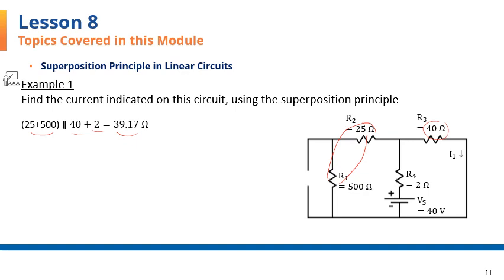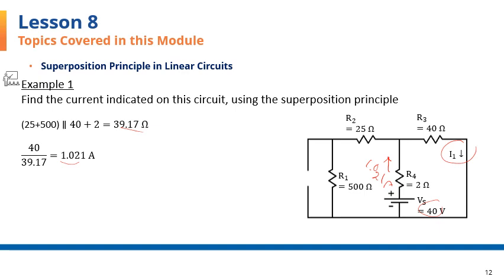The current through the 2 ohm resistor is found next with the use of Ohm's law. And that means dividing the voltage, 40 volts, over this equivalent resistance, 39.17, and the current through the 2 ohm resistor comes to 1.021 amps.